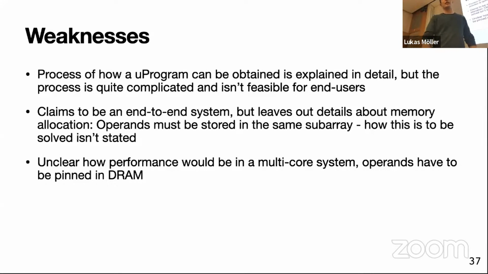It's also unclear how this would perform in a multi-core system, because when there's only a single SIMDRAM control unit, how would the different cores effectively share the control unit? Would there be multiple control units? I would be interested in further research in that area.